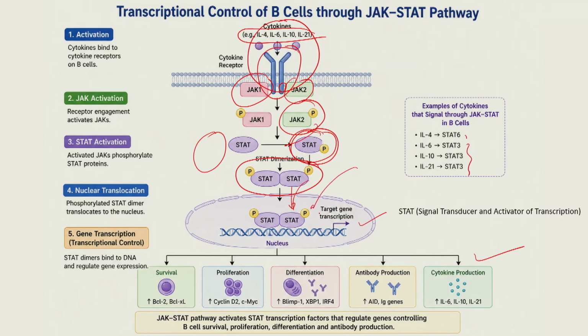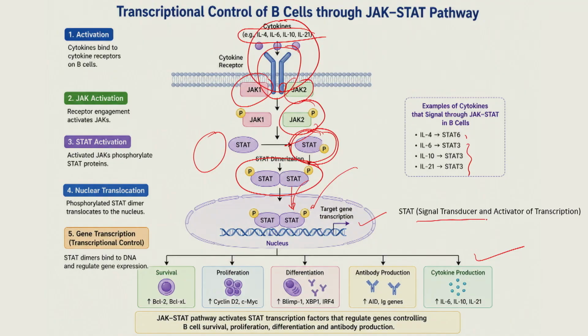If we do fractionation in molecular biology, which we generally do, and somebody asks how you can segregate the phosphorylated form of the STAT from the non-phosphorylated form, we can simply do fractionation of the cytoplasmic fraction and the nuclear fraction separately.